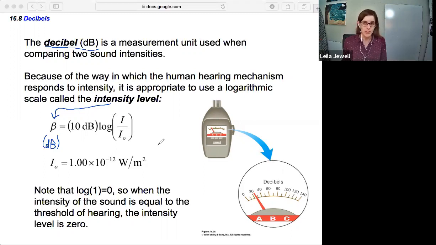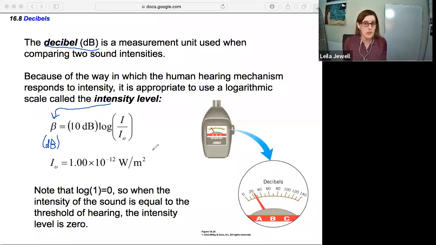An important note here: if you take the logarithm of 1, that's equal to 0. So if your intensity is the same as the threshold of hearing, the intensity level you get out is 0. So it sounds about as quiet as possible, right?